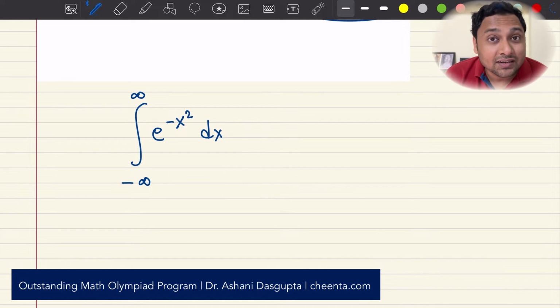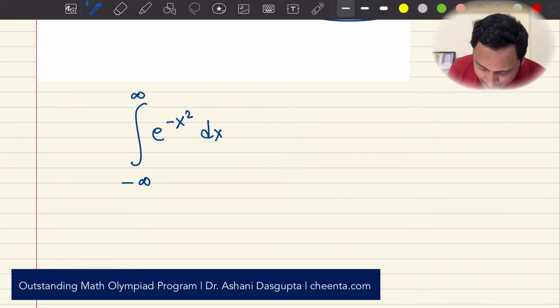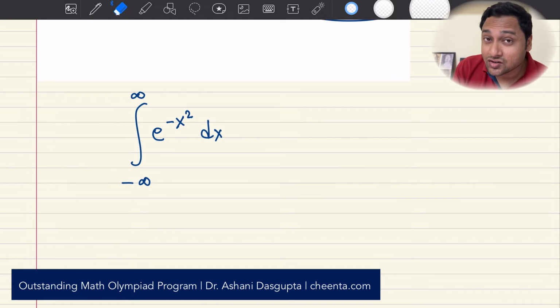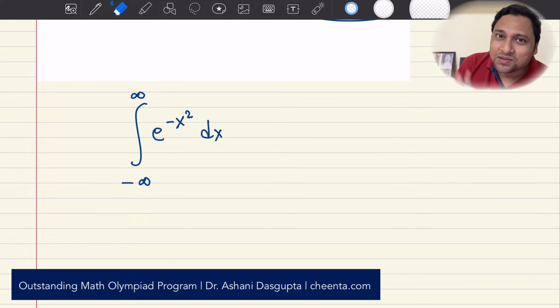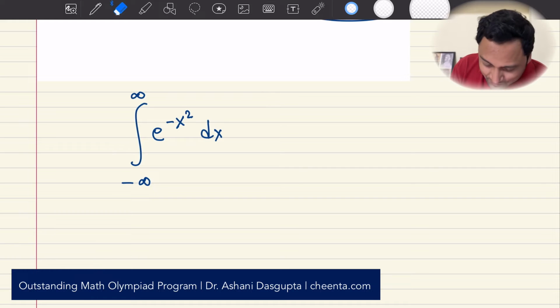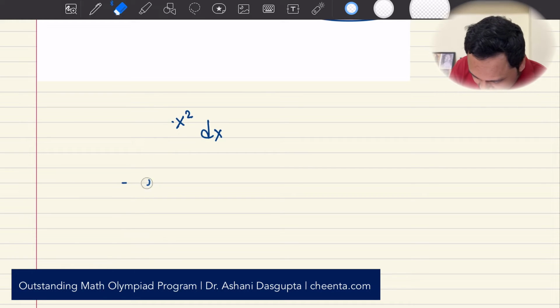This is also related to normal distributions if you are into probability theory. It's very exciting, but let's not worry too much about it. Just remember this much: in mathematics, you may have to go one dimension up to get things simpler. All right, so now let's come back to this.